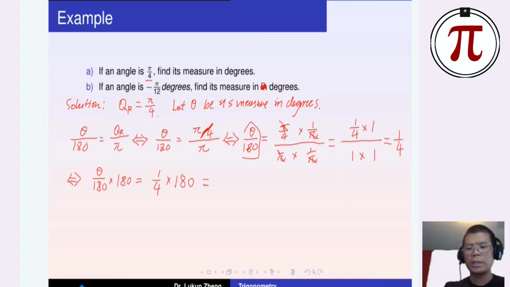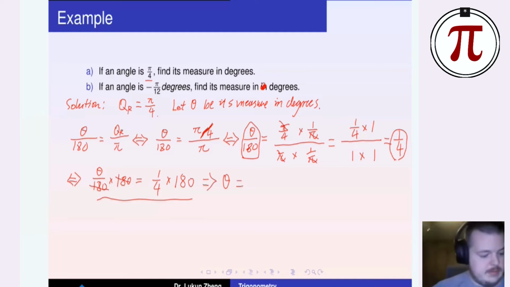On the left-hand side, 180 and 180 cancel out. On the right-hand side, this equals 180 divided by 4.